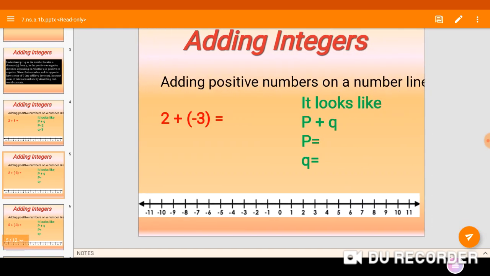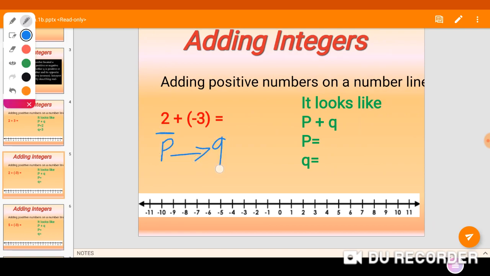Okay, we want to add a positive and a negative number. Consider P equal 2. So we will start from P and want to move to Q. P here equals 2 and we want to go to negative 3. So we will start from P, which is 2 on the number line, positive 2.